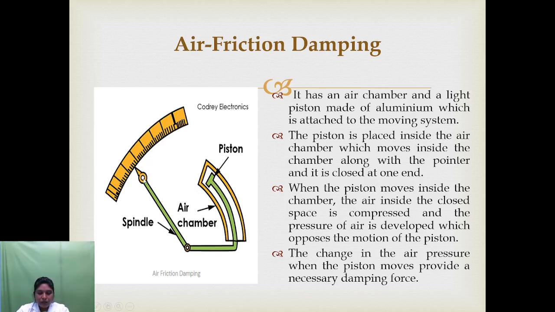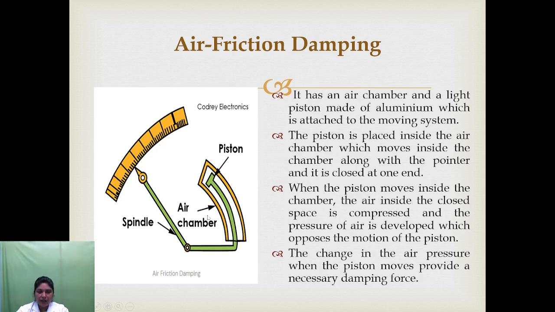When the piston moves out of the air chamber towards position 2, the air pressure near position 1 drops, whereas the air pressure near position 2 increases. This happens to and fro, so by this air we are able to damp the oscillations. The necessary damping is provided here by air friction.